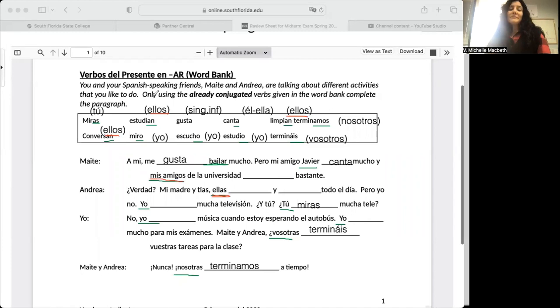All right. So that means for sure we know we have 3 possibilities. So what is more likely? Now we have to think, what do these things mean? Conversan means to converse. Estudian means study. And then we have limpian, which means clean.